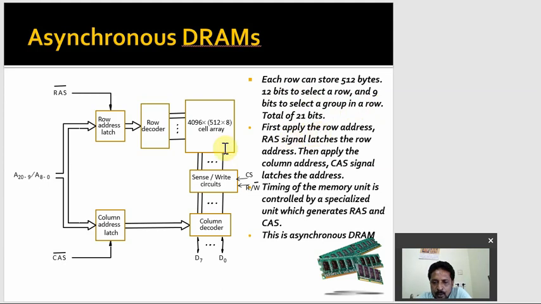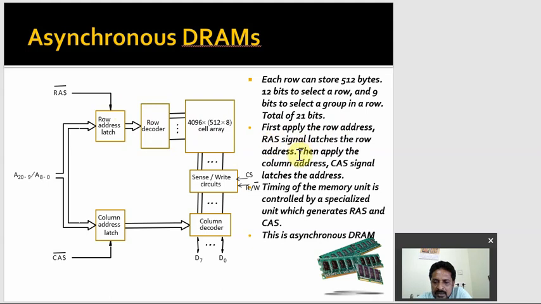And first apply the row address. The RAS signal latches the row address, then apply the column address, and the CAS signal latches the column address. So whenever you are applying these row and column addresses, first you want to apply the row address. That's why they are saying first apply the row address.